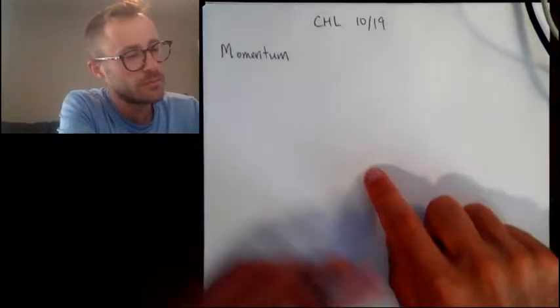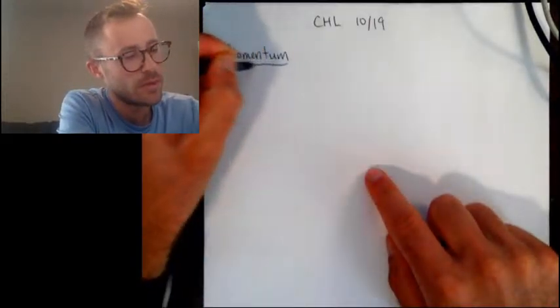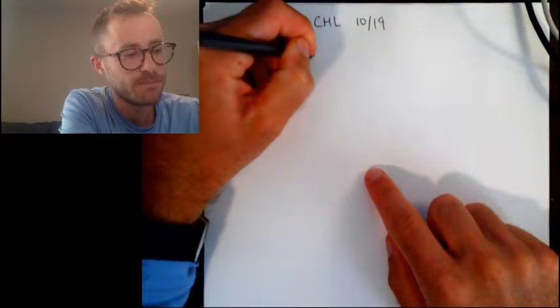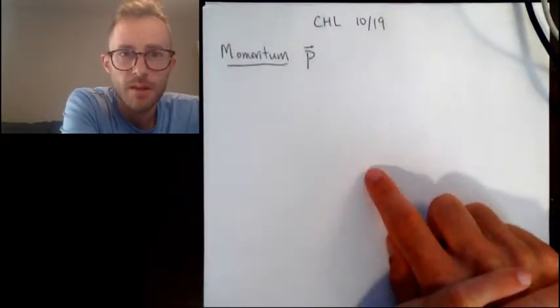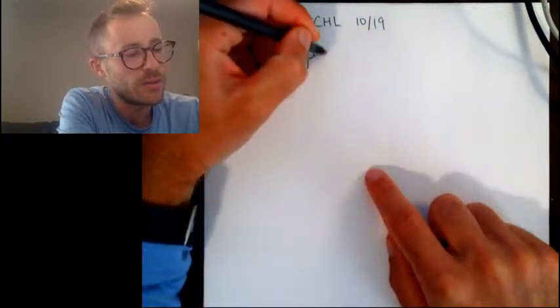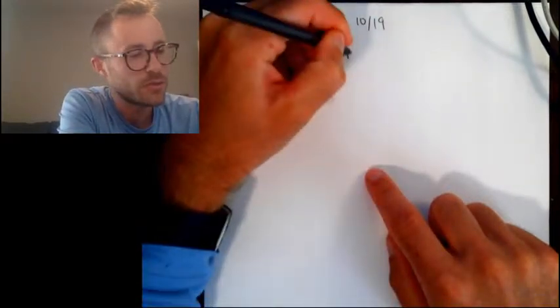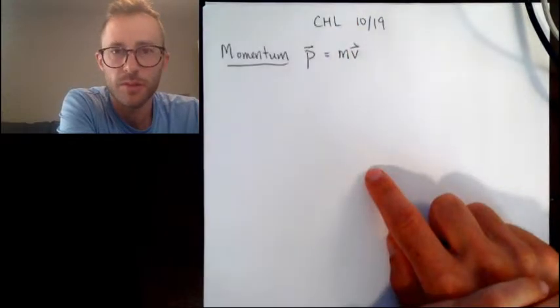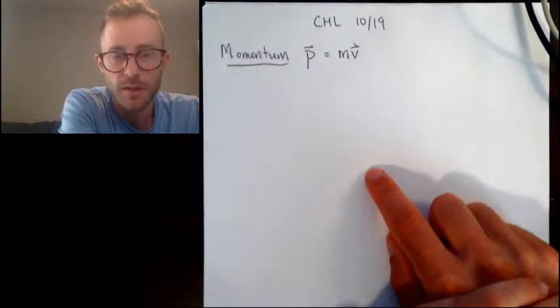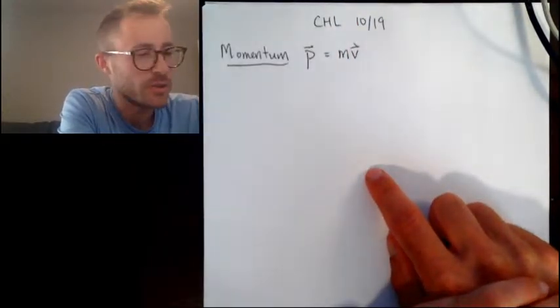Momentum is denoted by p, lowercase p. It's a vector, and it is equal to the mass of the object times the velocity of the object. Okay, so it's a very simple equation.